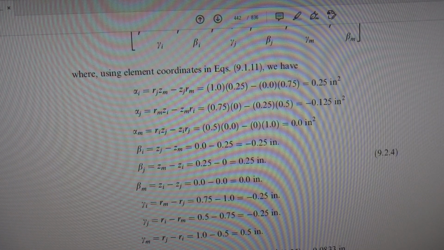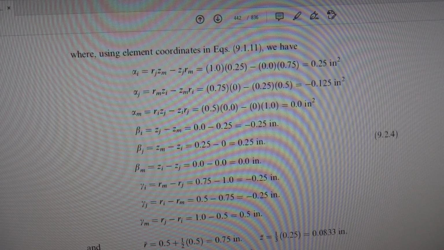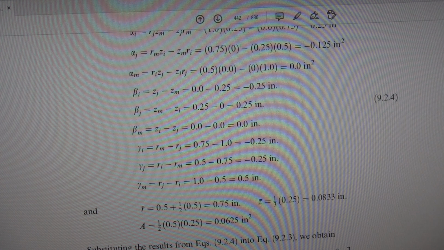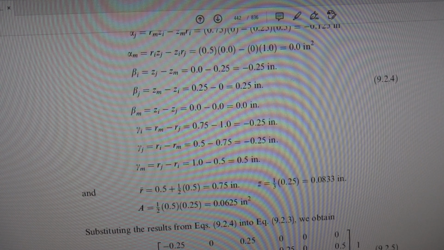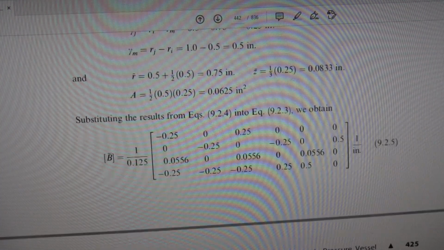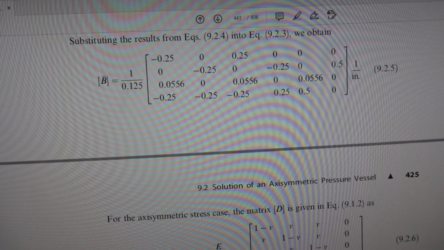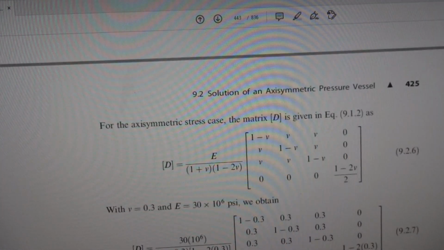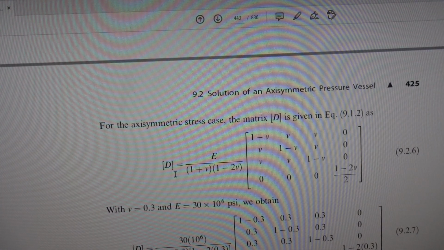And A is equal to, you know the area, half into width into height, so this one is the area. So B bar is equal to, when you substitute all the values you will get the value of B bar. When you get the B bar, then the D matrix is derived. D is equal to this one, the D matrix.